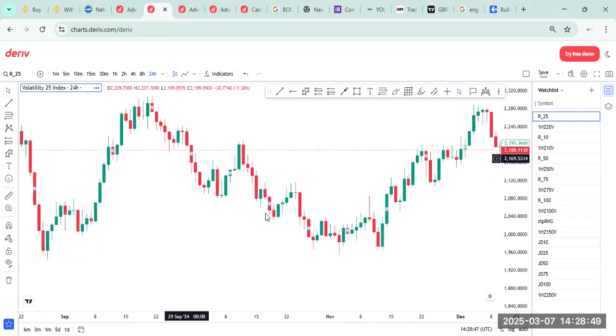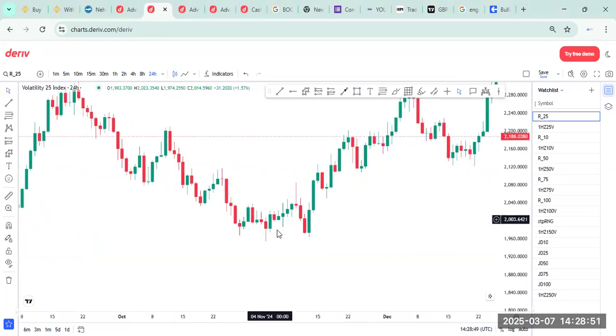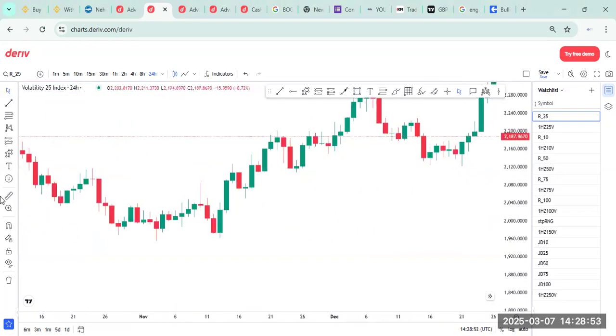We have had a tweezer example. We even have a bullish engulfing here. Look at this. Can you see it here? Yes. So after that bullish candle formation, the next candle took us to the upside and we can continue buying.